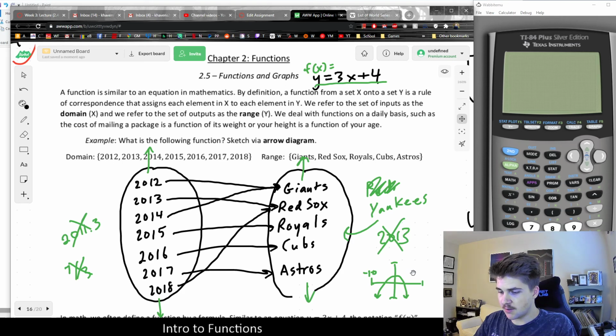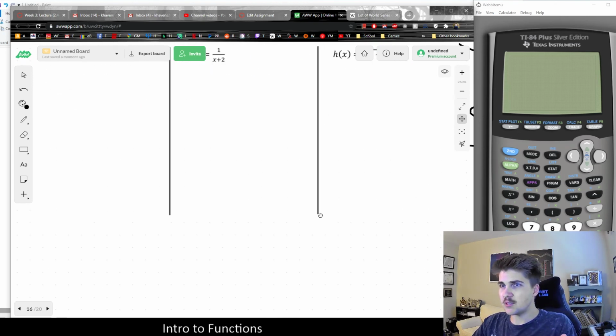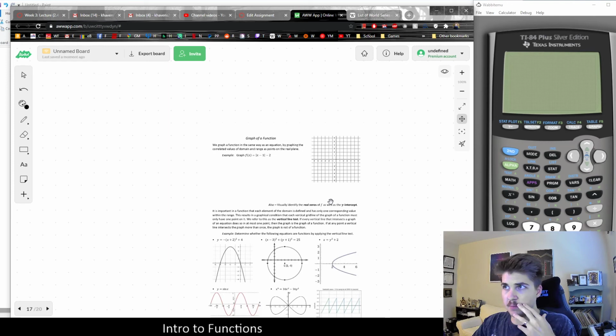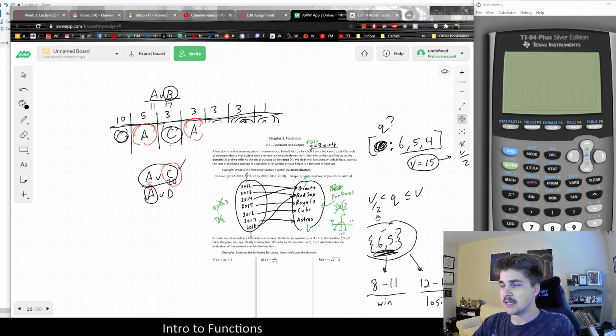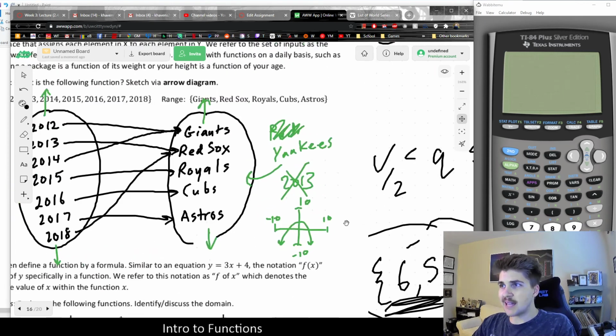Because typically in a graph, a lot of times we'll graph, say, from -10 to 10 as your window for what we look at. When we do a few on the next couple pages, we'll do some graphing and talk about it then. But my point was that you can find the domain and range of a graph by looking at it and by determining where the function is.